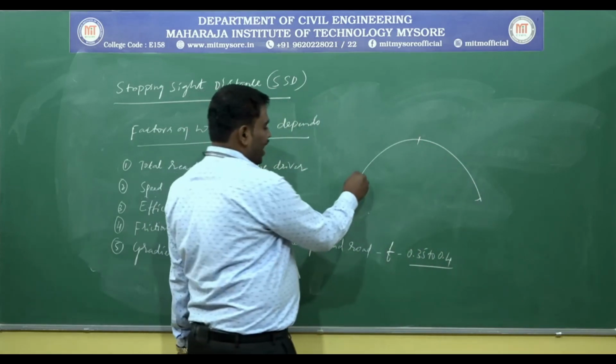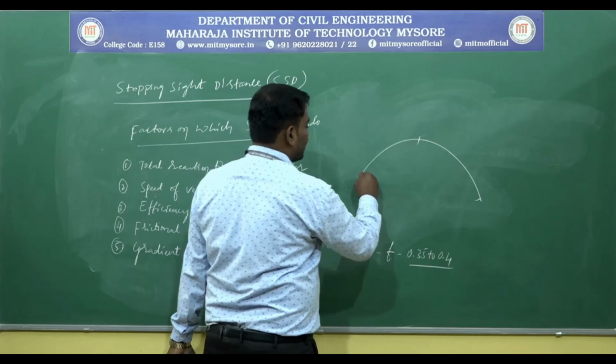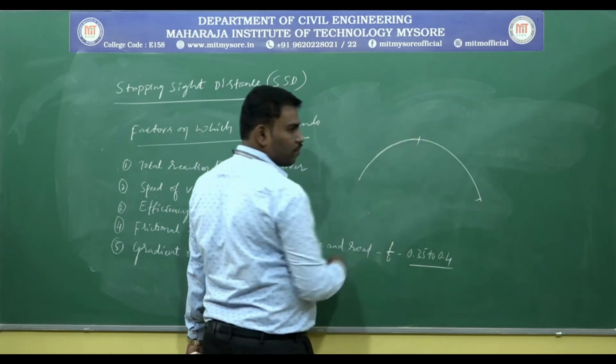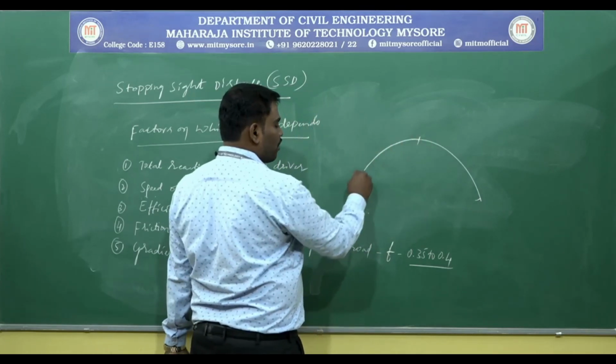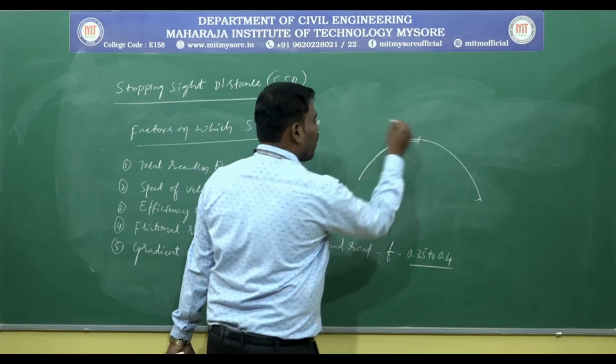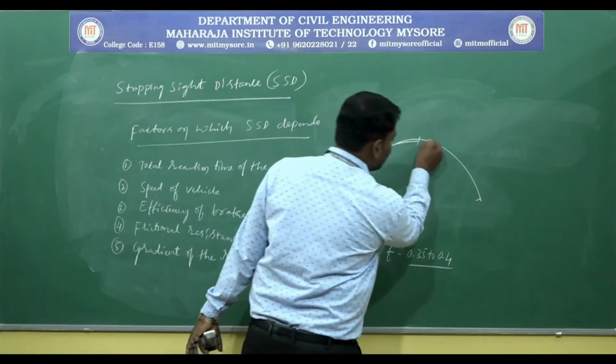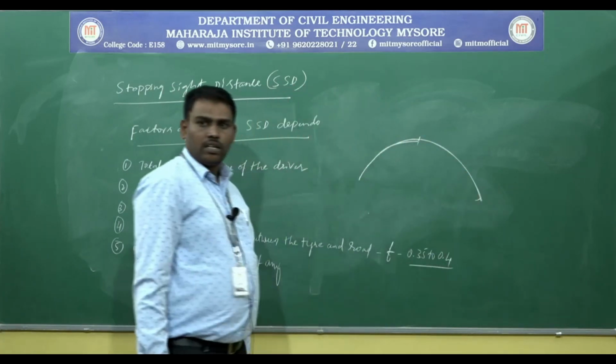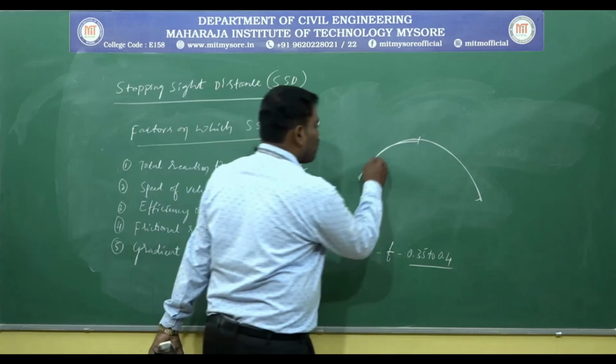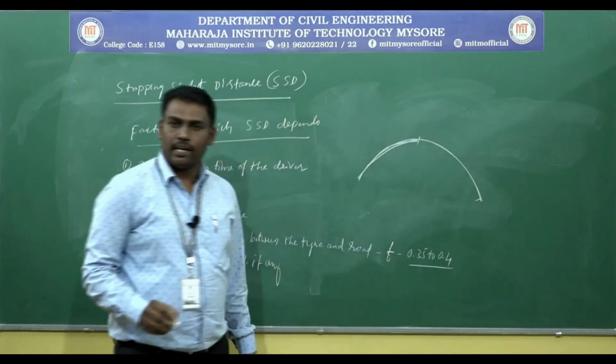Okay, then the vehicle that needs to stop at this stretch requires a smaller stopping sight distance than at the other stretch, because this is an upward or ascending gradient.